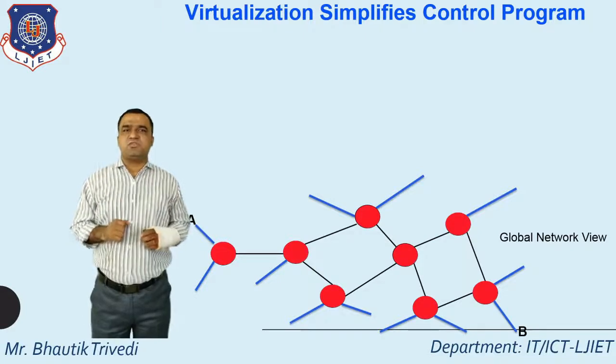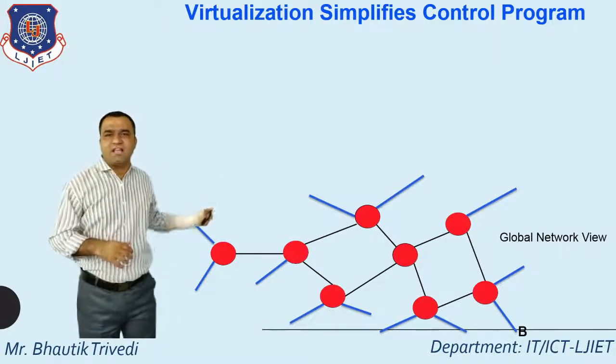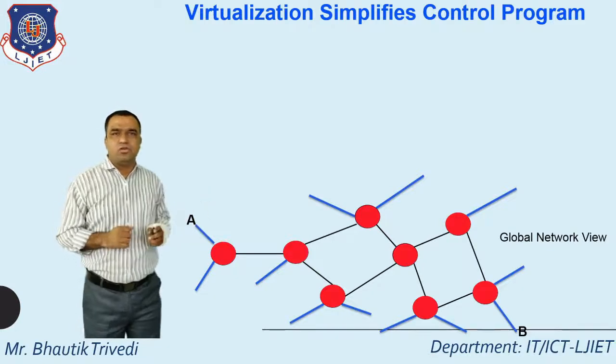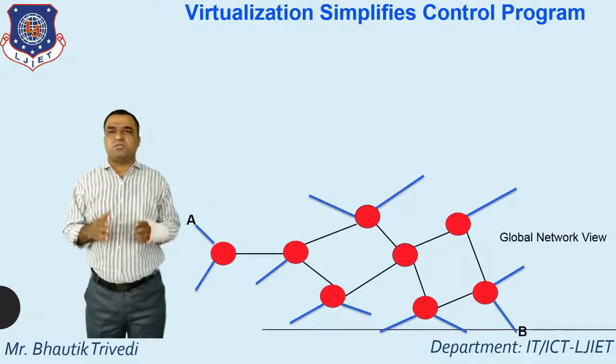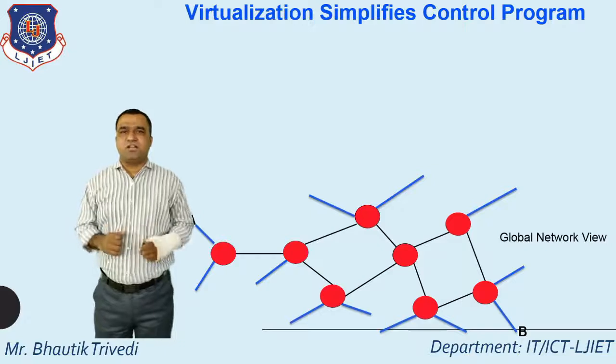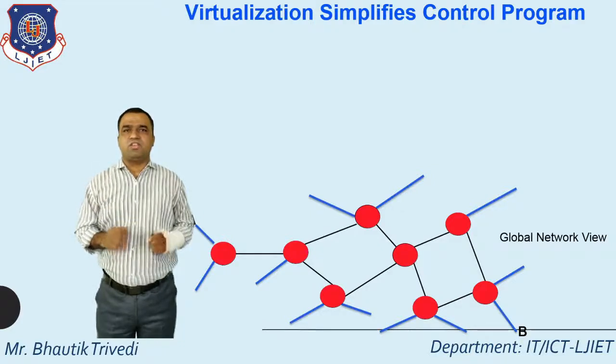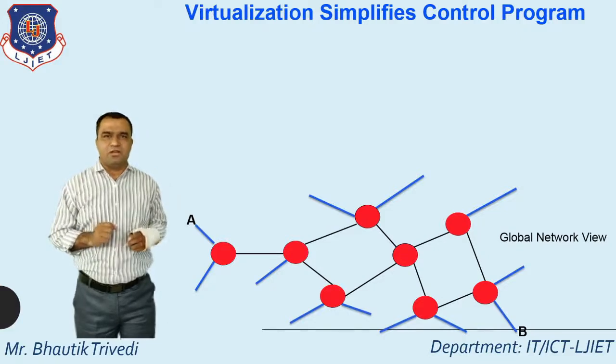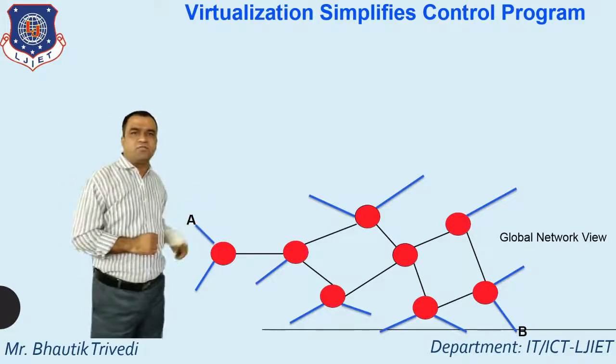So virtualization means what? Here I directly demonstrate the concept of the global network view. Whenever using the concept of virtualization in a software defined network, must remember one thing, it directly simplifies the control program in a detailed manner. So here I put the global network view.